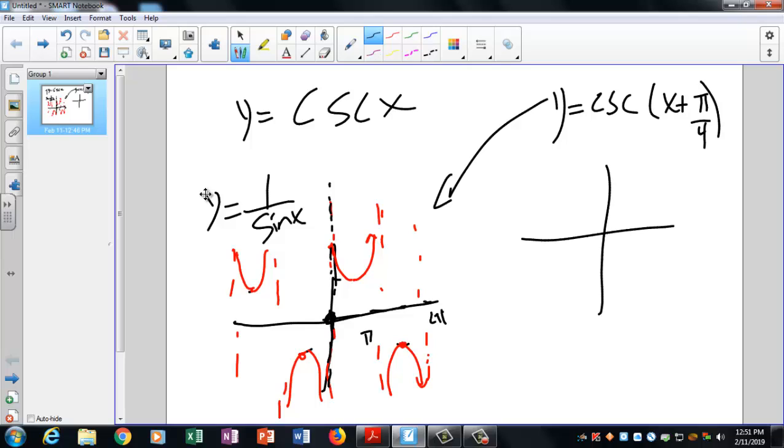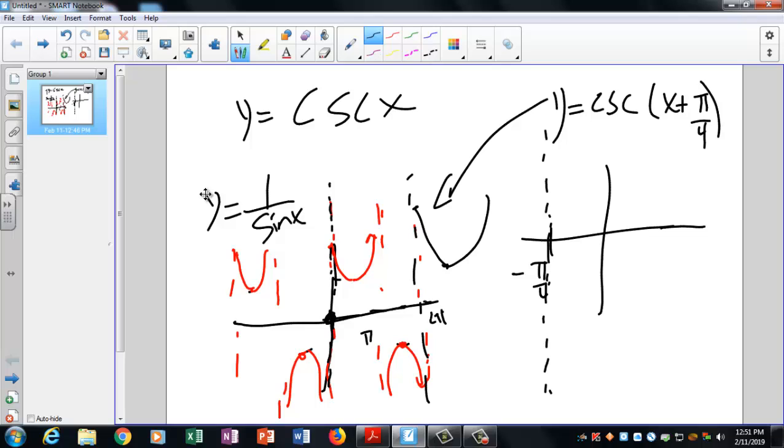So now we have negative pi over 4, and that becomes an asymptote. Now, remembering that the period of cosecant and secant are both 2 pi, coming to the right 2 pi units, that will be my final endpoint where this thing would start again.